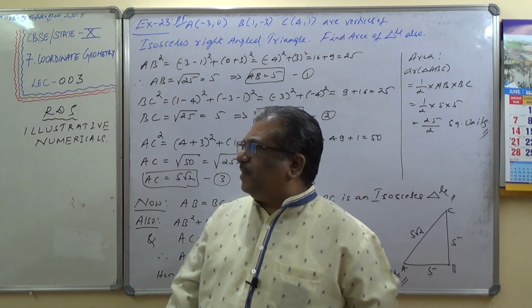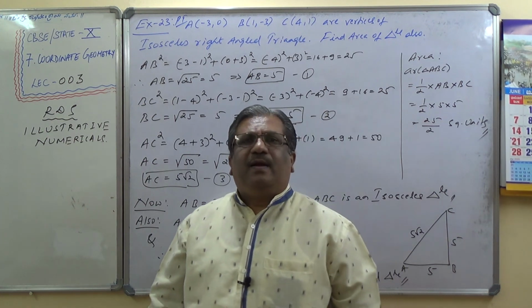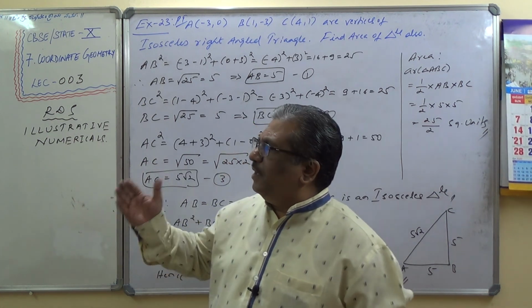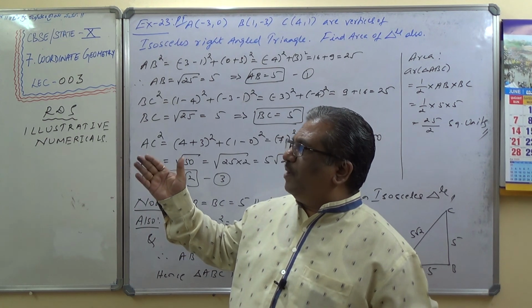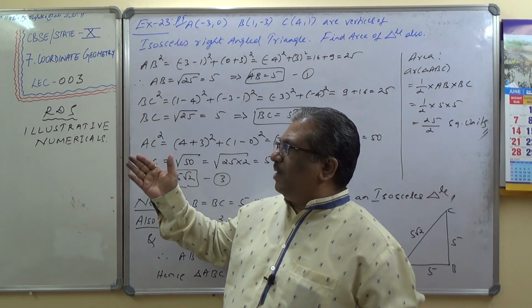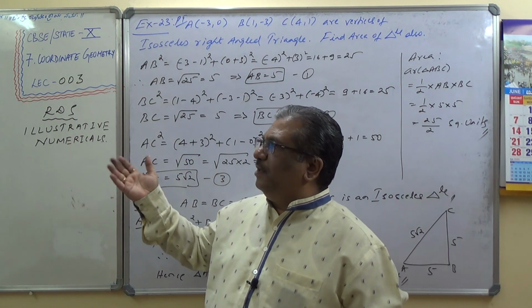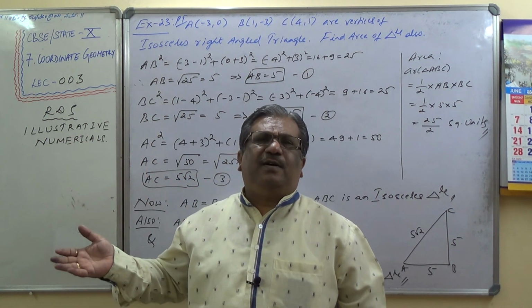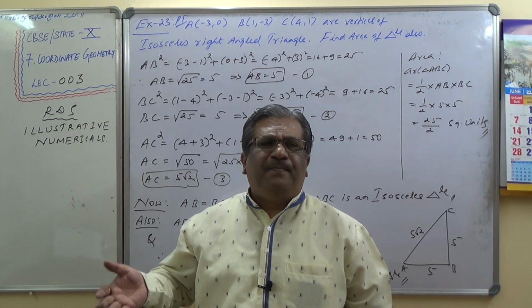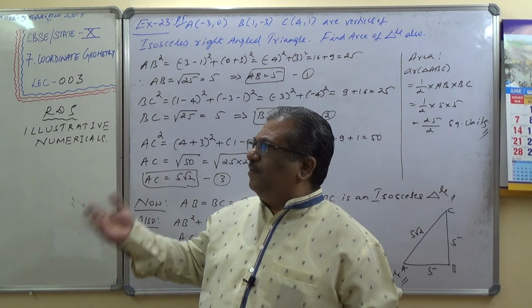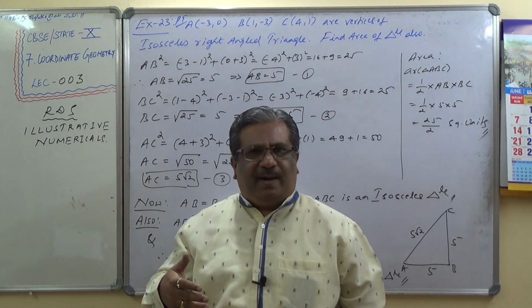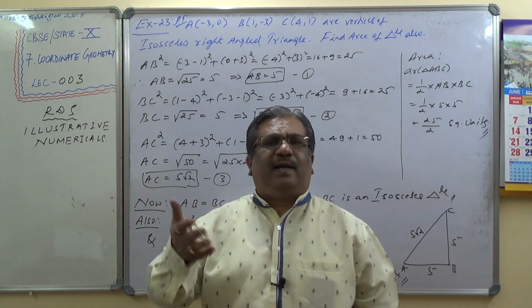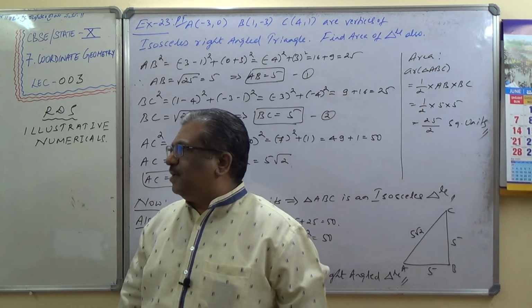I don't expect this to come in the exam, but example number 22: Let the opposite angular points of a square be 3, 4 and 1, minus 1. Find the coordinates of the remaining angular points. This involves a lot of substitution, solutions and all. It's a very lengthy sum. You try yourself, example number 22 of R.D. Sharma. If you are not able to do it, then I can teach that also. Okay, that's how it is.